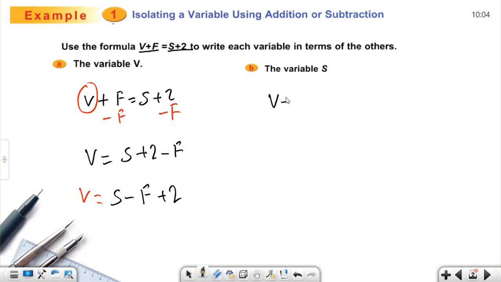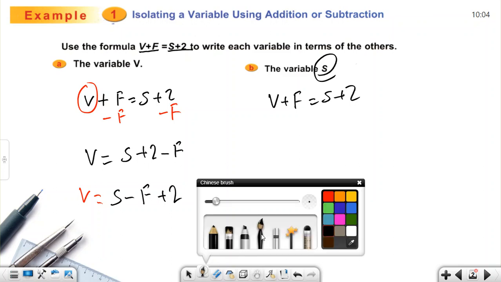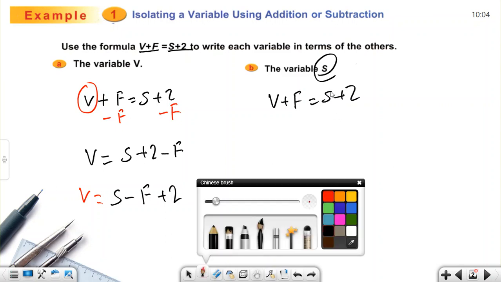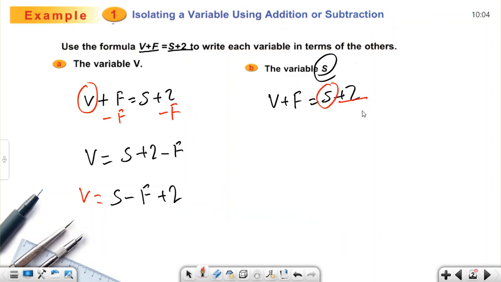Let's continue. V plus F is equal to S plus 2. As you see, it says write S in terms of the others. So where is the S in the equation? How can I isolate this S? There is a plus 2 extra, and I need to cancel that one.